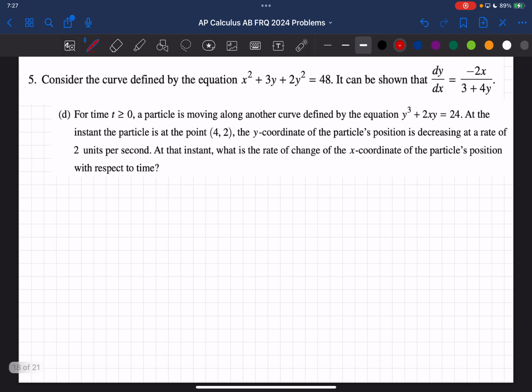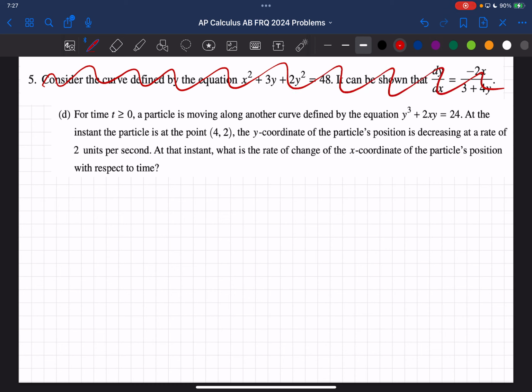And then letter D. At time t equals 0, a particle is moving along another curve defined by this equation. At the instant the particle is at the point 2, 4, the y-coordinate's position is decreasing at a rate of 2 units per second. At that instant, what is the rate of change of the x-coordinate of the particle's position with respect to time? As I read this, pretty much the rest of this information is not important.